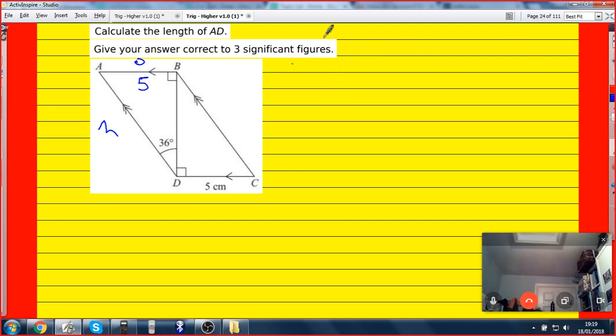Wouldn't you have to use the A because you know the O?